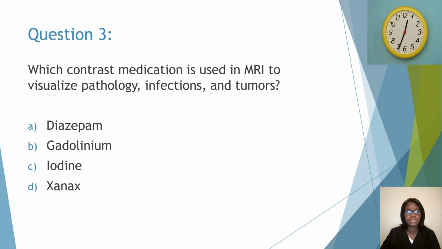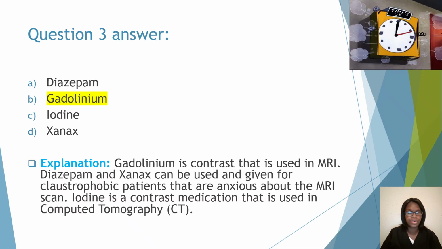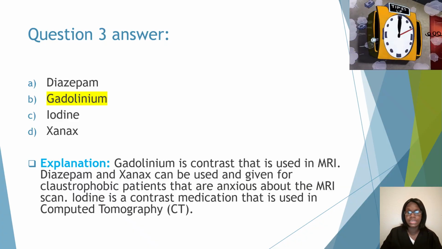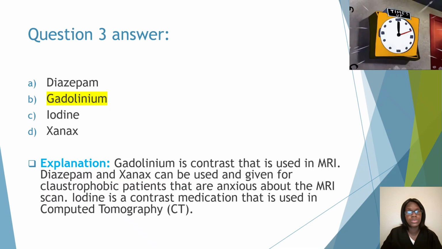Okay, the correct answer is B, gadolinium. I'm sure everyone got this answer right. Gadolinium is contrast that is used in MRI. Diazepam and Xanax can be given to claustrophobic patients that are anxious about the MRI scan. Iodine is a contrast medication that is used in CT.